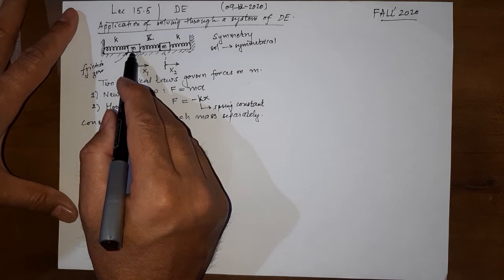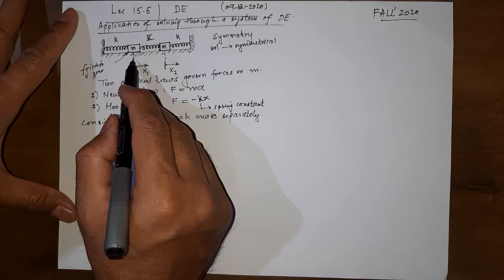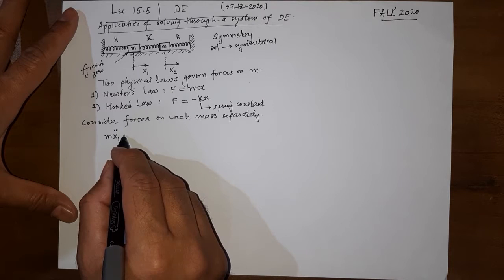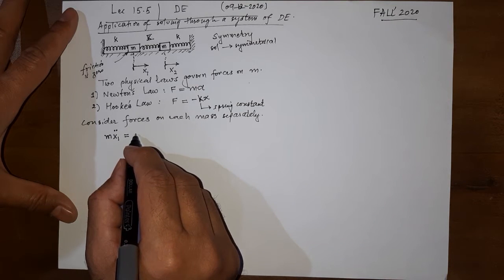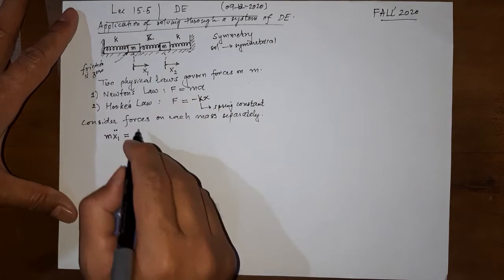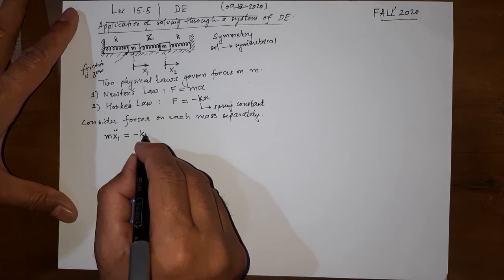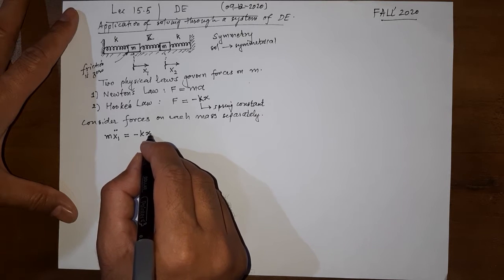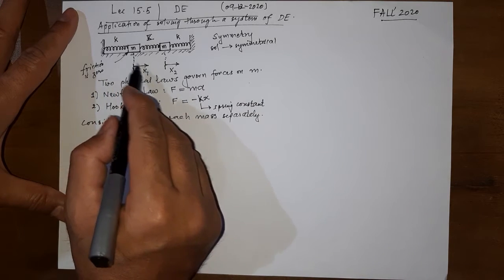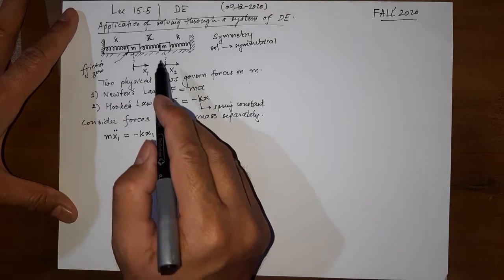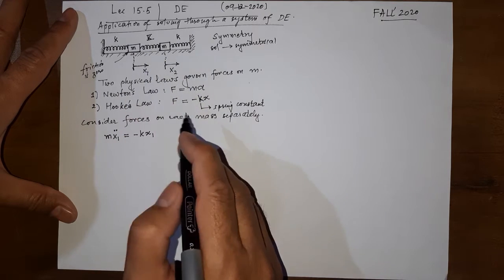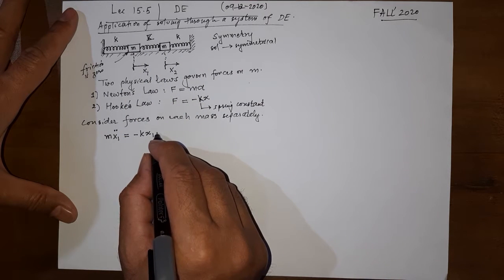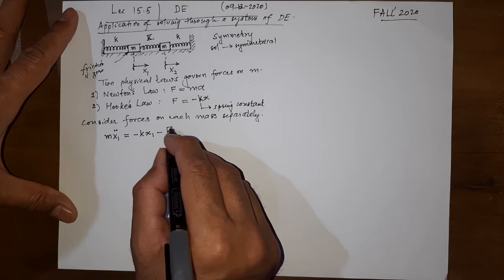So this mass will have a force acting on it because of its own motion, and it will be equal to the force because of this spring, that would be equal to minus small k x1, and also this spring would be acting on this one, with a spring constant k capital.